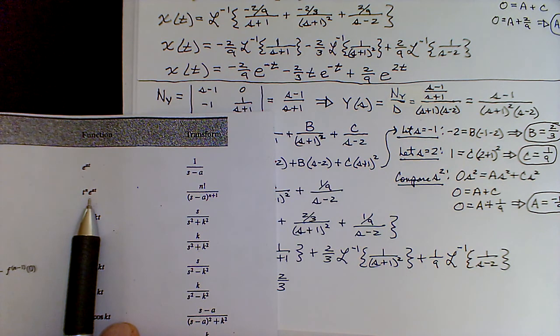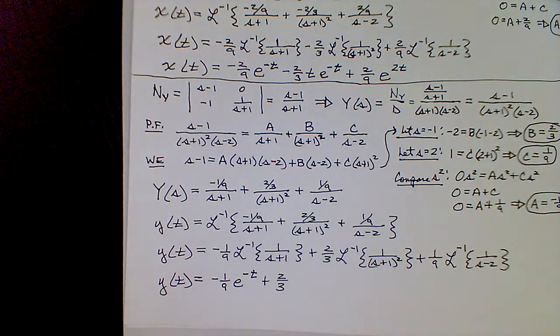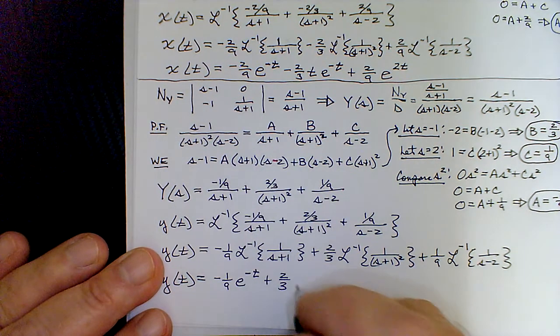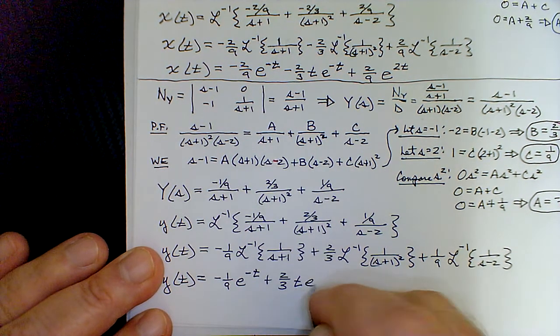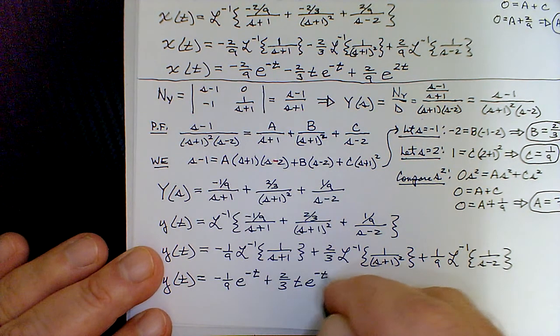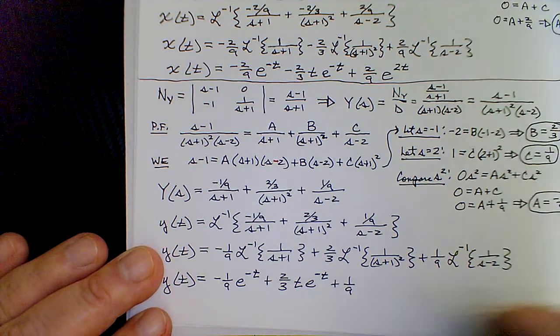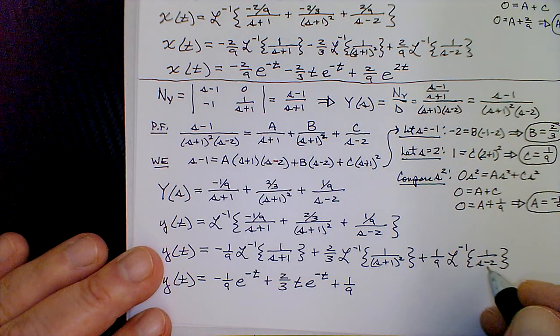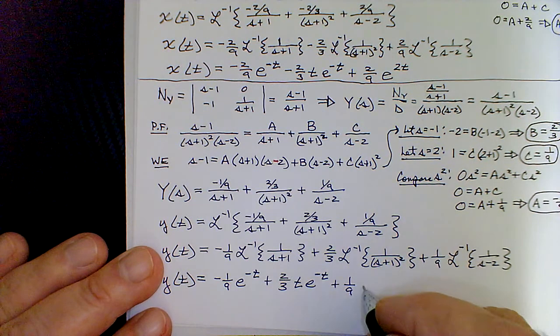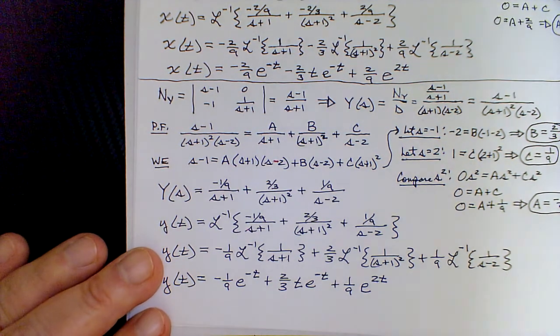So n is 1, and a is negative 1. So, therefore, t to the first, or just t, e to the negative 1t, or just e to the negative t. And then finally we get the plus 1/9. And this fits the form of 1 over s minus a again, where a is 2. So that becomes e to the at, or e to the 2t.